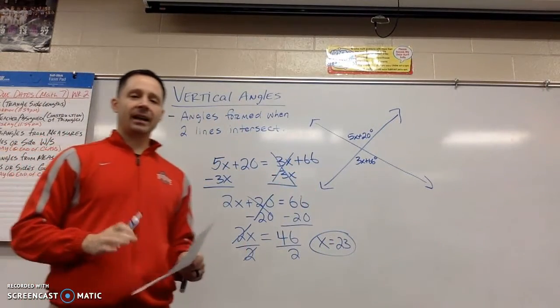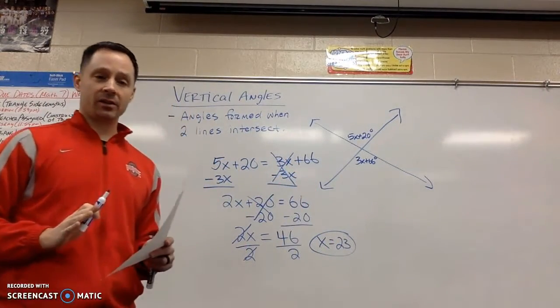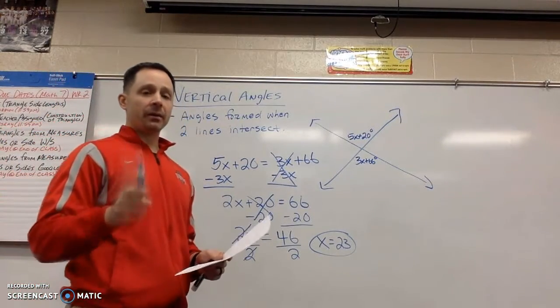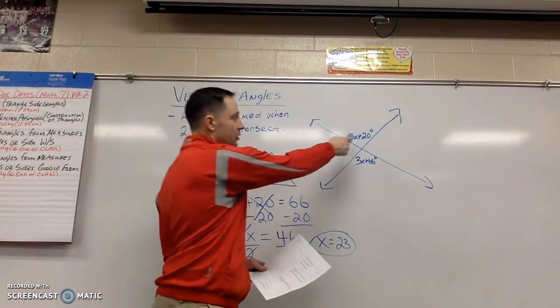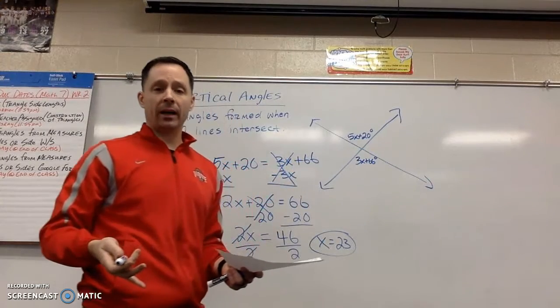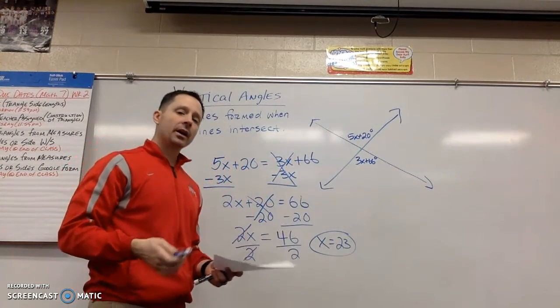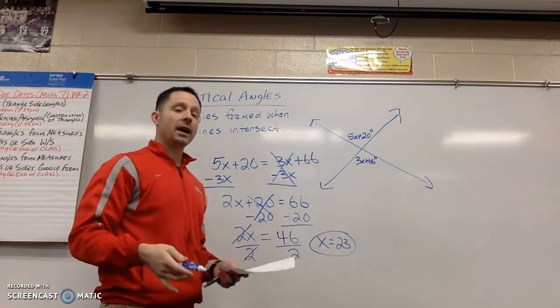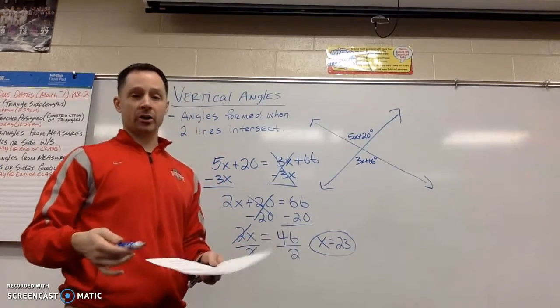But ladies and gentlemen, x is not the answer. X is just the variable. Now we have to plug the variable back into each expression to see what those two angles are. On Khan, I know it only asked you to solve for x, but I want you to find out what each angle measure actually is.